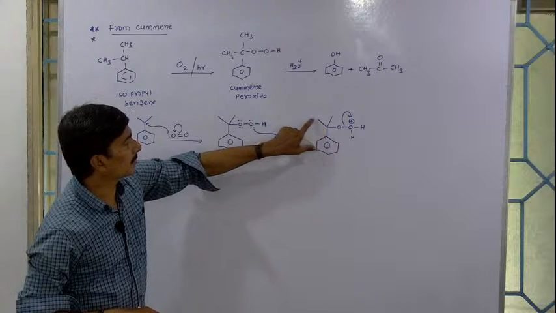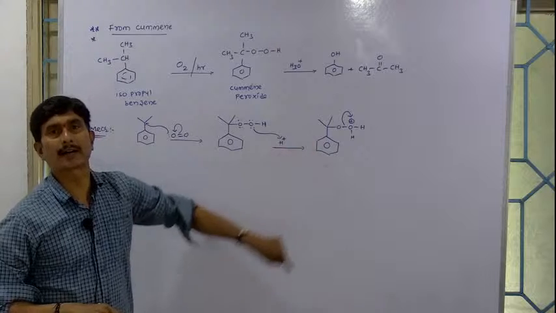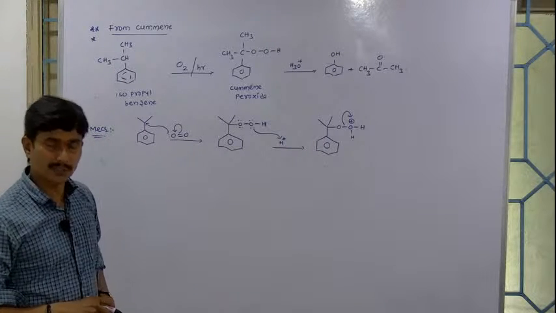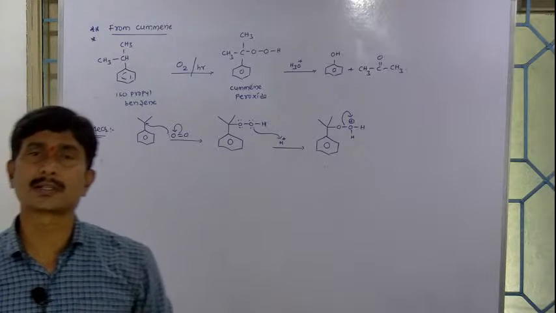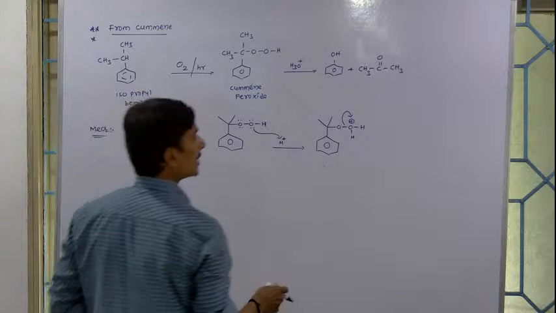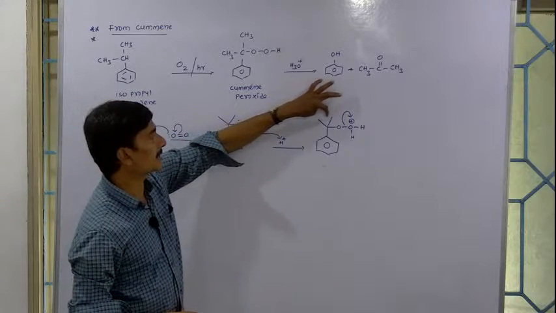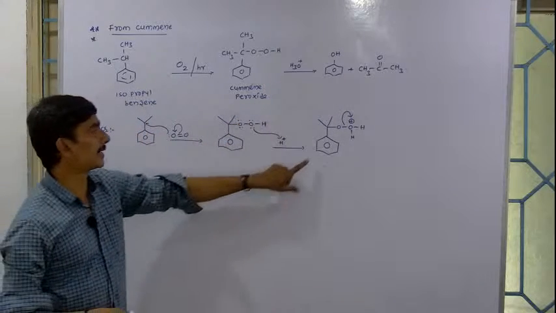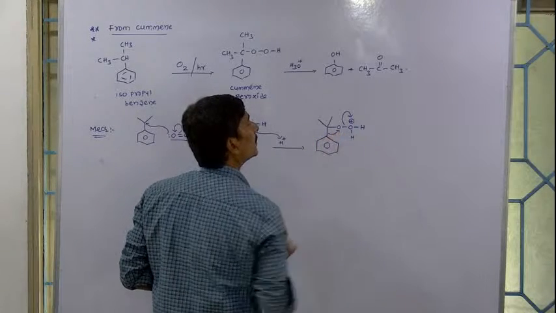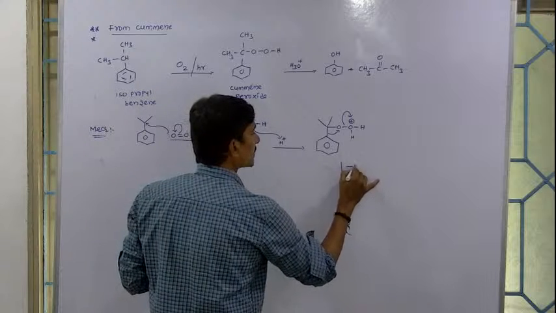Come to this carbon: two sides are methyl groups and one side is the phenyl. In the shifting, that is in Wagner rearrangement, which group is migrated first? The migration aptitude is hydride ion first, then phenyl, then 3-degree alkyl, then 2-degree, then 1-degree. Now these two are 1-degree carbons. It is phenyl, so the phenyl group migrated by loss of water molecule.